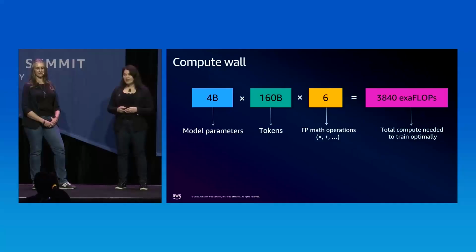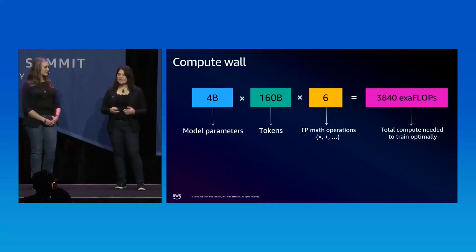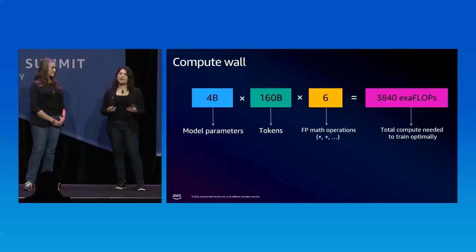Unfortunately, the compute wall, as we previously discussed, was just significantly higher. As the number of parameters in the model increases, the compute cost in order to train that model actually grows exponentially. What this means is for a 4 billion parameter model, we want to have, like Llama 3, 40 tokens per parameter. This gives us about 160 billion tokens.